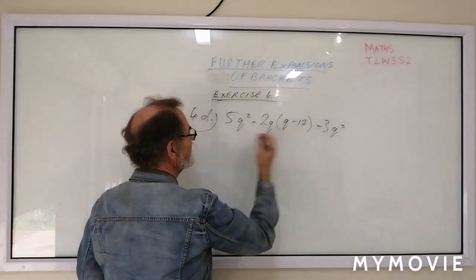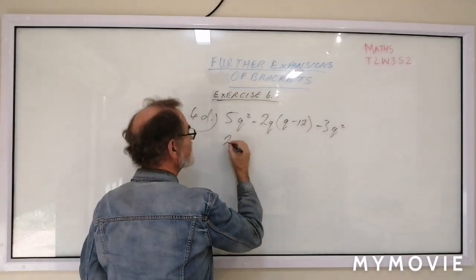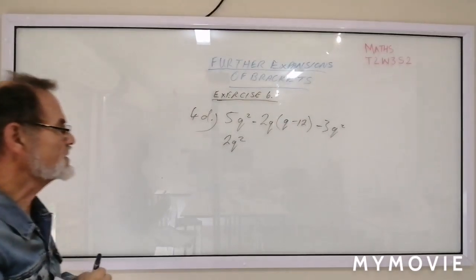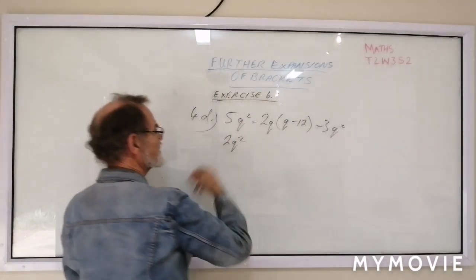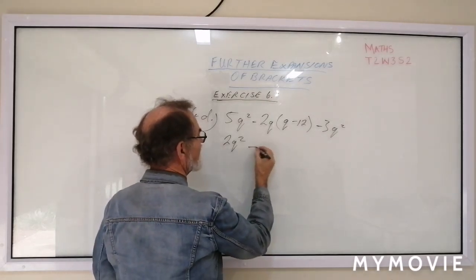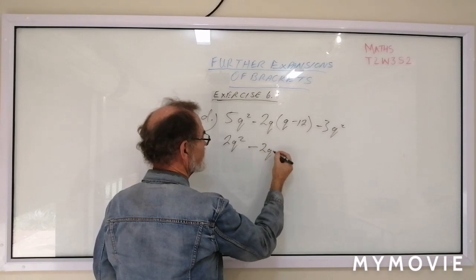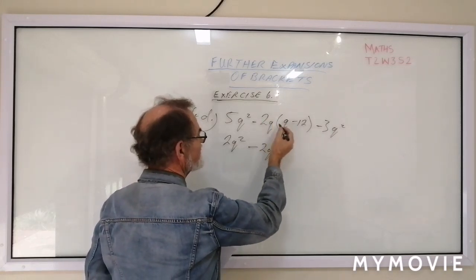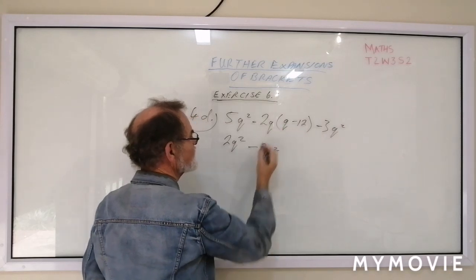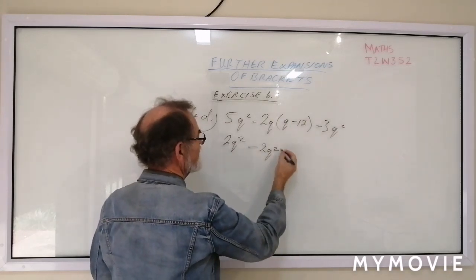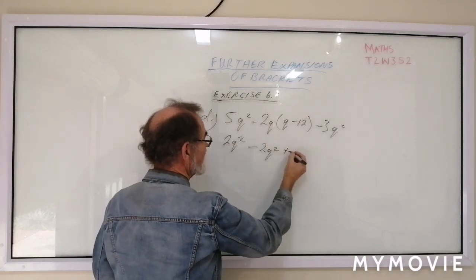So let's do that first. 5 minus 3 is 2q squared. Already makes it simpler. Now we can multiply the bracket. We got minus 2q squared. That's a 2, that's a 1. We get minus 2, q times q is q squared. Then our next term inside the bracket is minus times a minus, which is a plus.